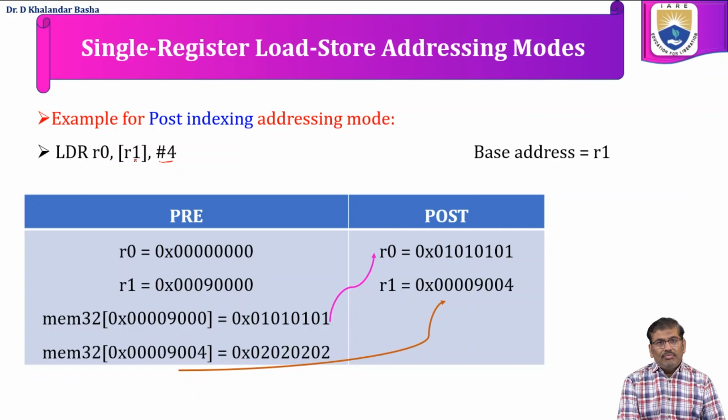First, the R1 memory location's content will be copied into R0. After copying, this 4 will be added to the R1 address and R1 will be updated with the added value, that is 90000 plus 4.